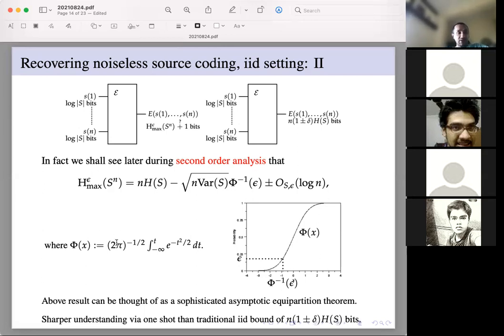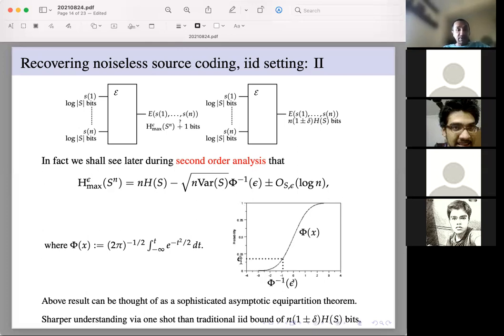That is phi of x. This integral is from minus infinity to x. So this captures the probability that a sample from the Gaussian is less than or equal to x. As you can see, if x is minus infinity, phi of minus infinity is 0. And as x gets larger and larger, as x approaches plus infinity, phi of x approaches 1. So it's a nice sigmoid curve going like this.